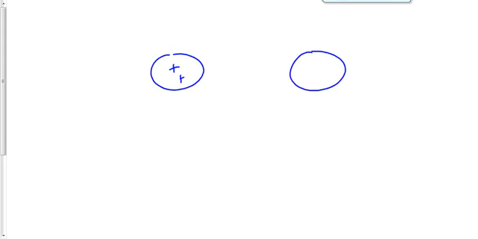This has got some charge on it. This has got a lot more charge on it. The question was basically, how does the force of object 1 compare to the force on object 2? Okay. What's the answer?